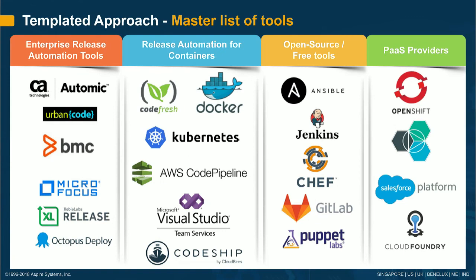For that, let's first look at the master set of tools, again broadly classified into enterprise class applications, open source applications, completely outsourced PaaS solutions, and certain other tools that help with containers specifically. As you can see, there are plenty of tools. I'm pretty sure I would have missed a few here. It still doesn't matter. There are, again, a lot of tools.